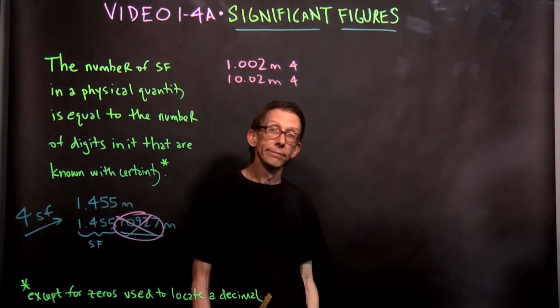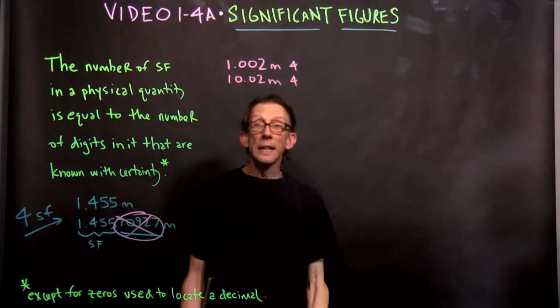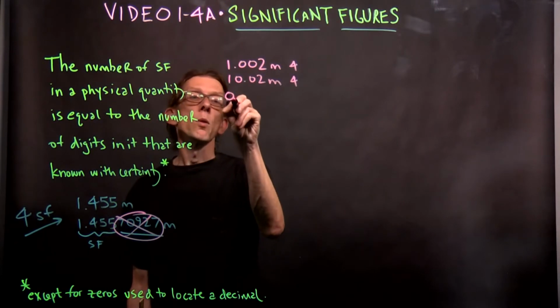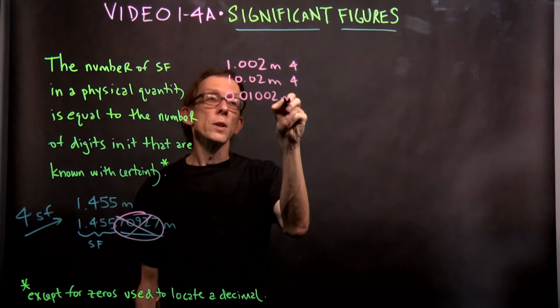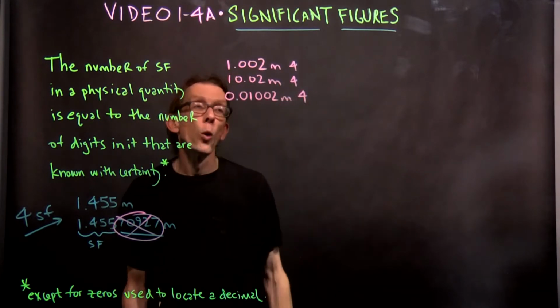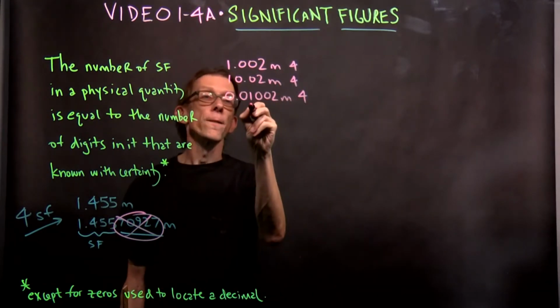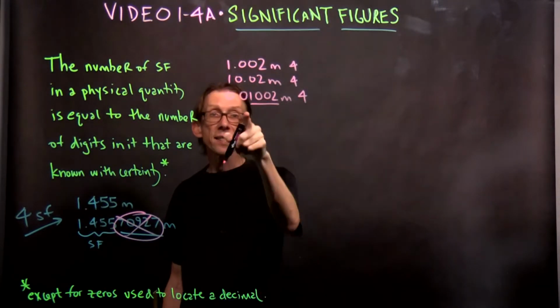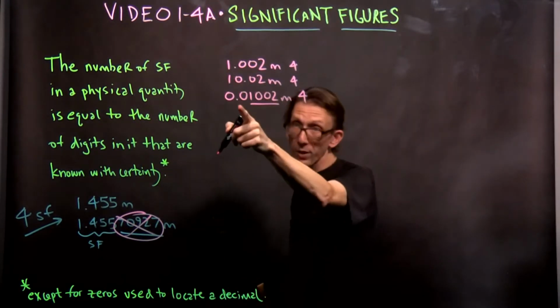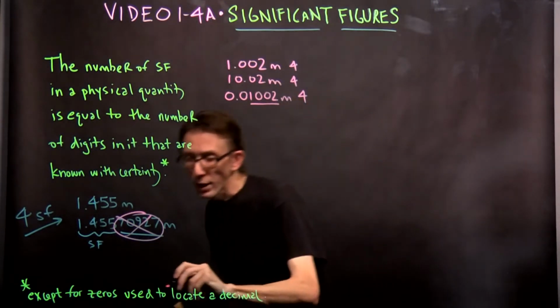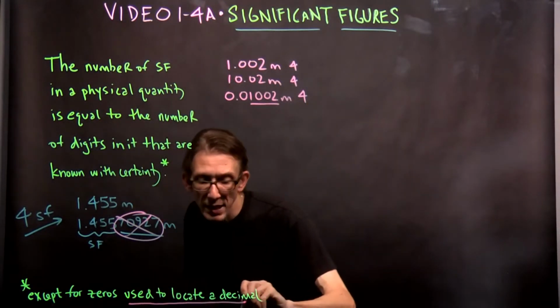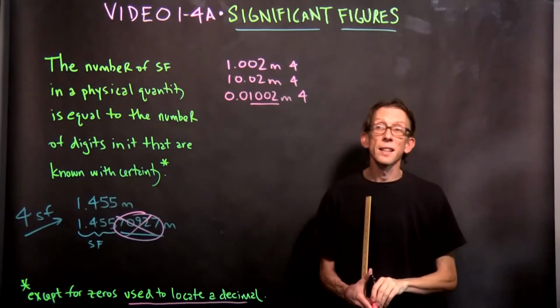If I gave you the number 0.01002 meters, that also has 4 significant figures. These are the 4 significant ones, because both those zeros, those leading zeros, are only used to locate a decimal. They themselves are not significant.